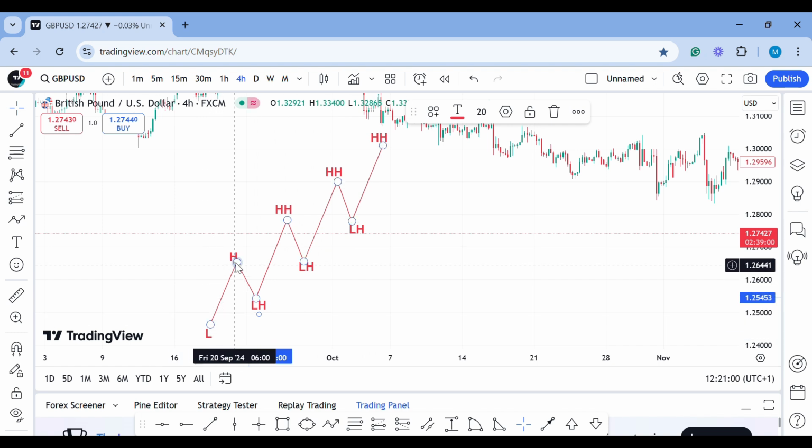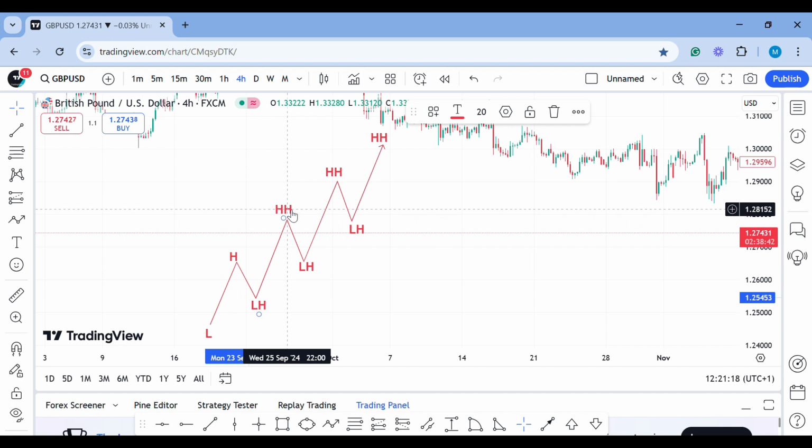This low gave birth to this high. And this high gave birth to this lower high. You can remember, this current low is higher than this previous low. That is why it is called the lower high. And you can see this current high is higher than the previous high the market has created.